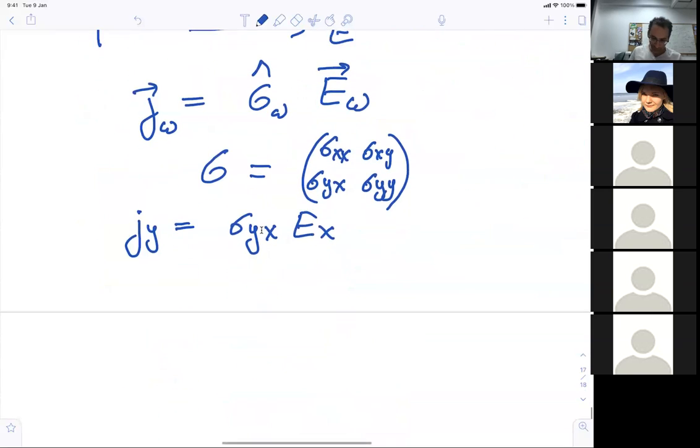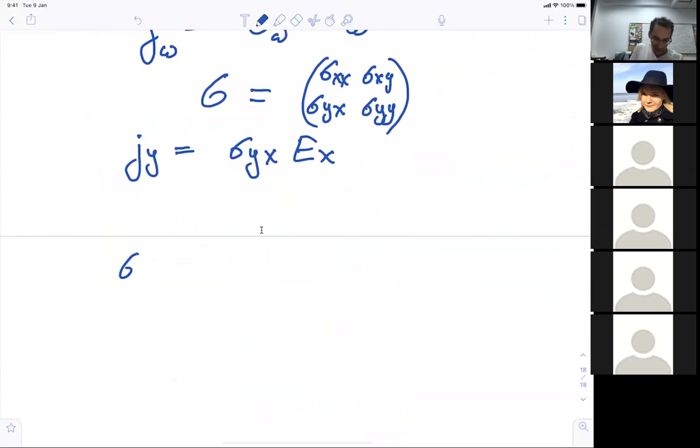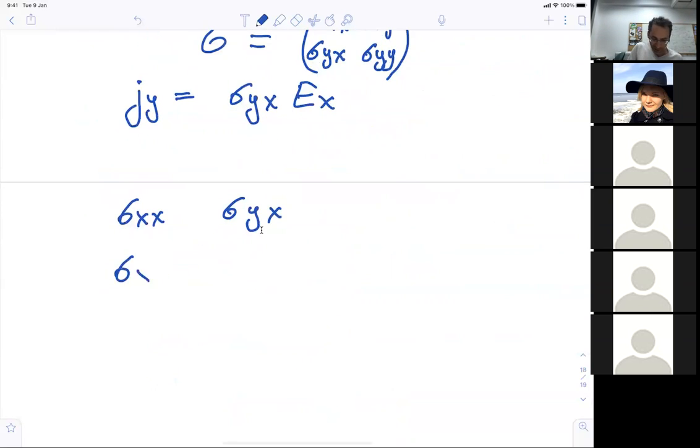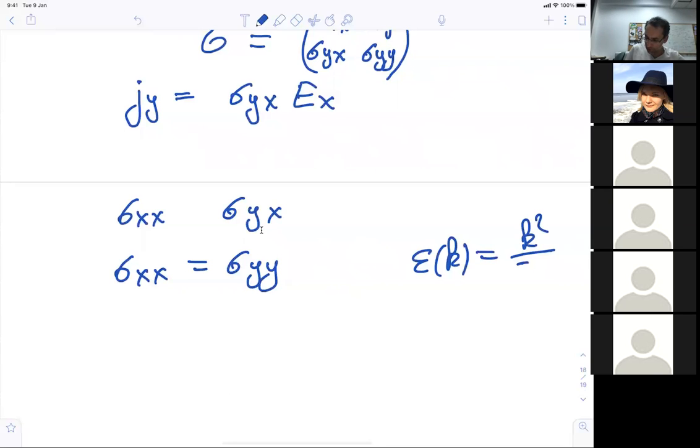So we know sigma xx and sigma yx. Now here I will make a claim that I don't need to compute anything else, because I know that my spectrum was absolutely symmetrical, which means that sigma xx is equal to sigma yy. So the elements that stand on the diagonal are equal, because my spectrum is absolutely symmetric and there's no difference between x direction and y direction for this model.